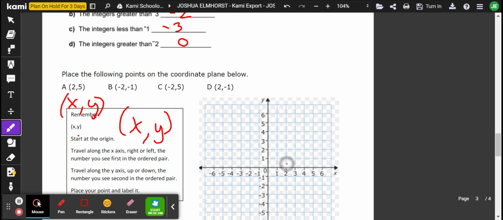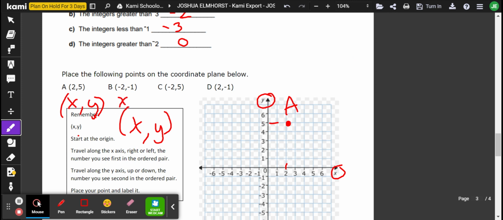So we're going to go +2 for x, and then we're going to go +5 for y. And where those two coordinates come together, that is our point. That's our coordinate, our ordered pair, or that is our point on the coordinate plane. And we're going to label this A.